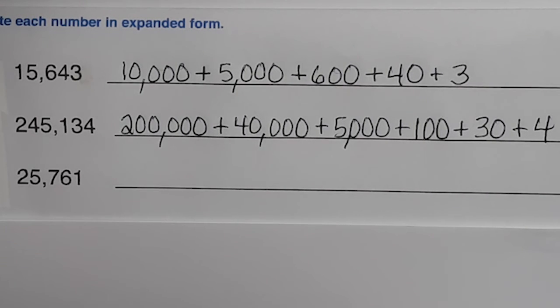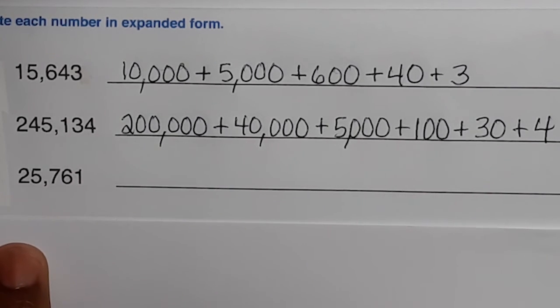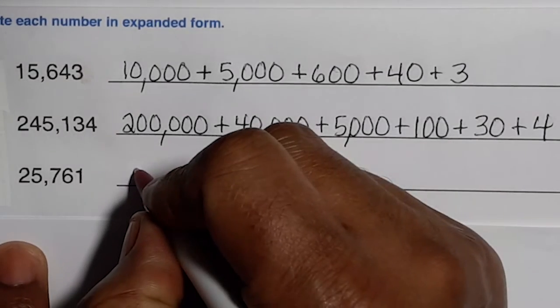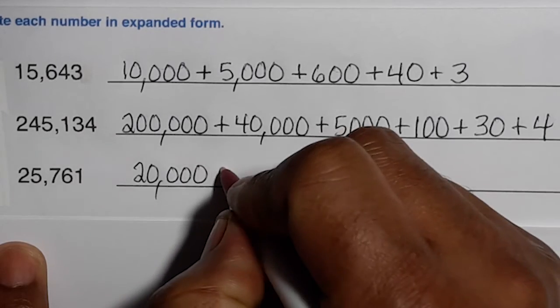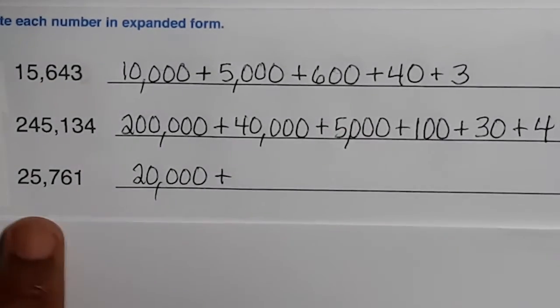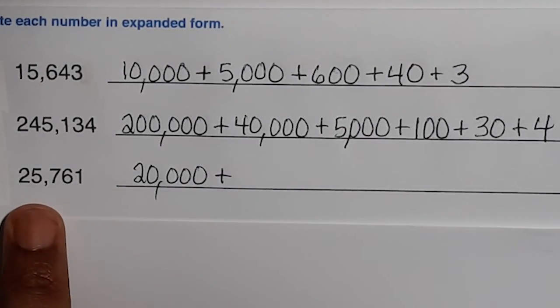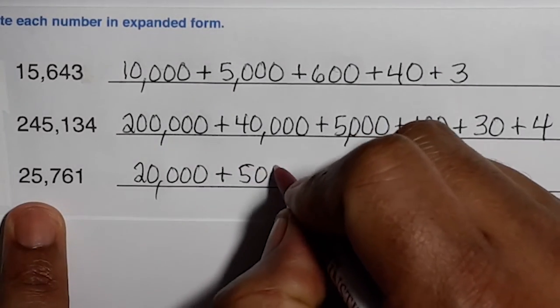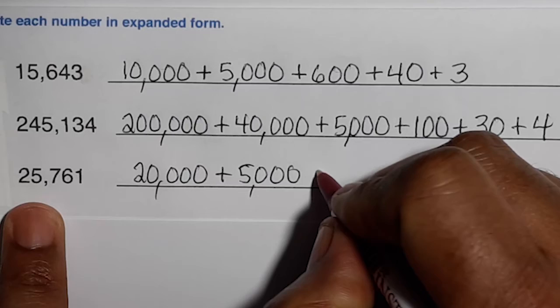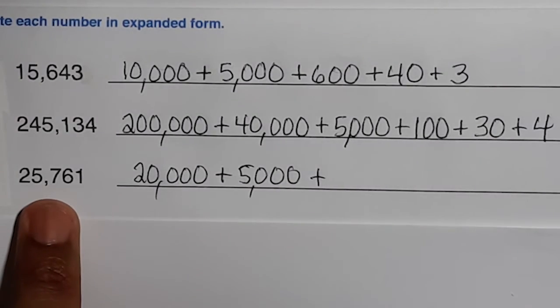So what position is the 2 in? It is in the 10,000s place. So we would write 20,000 plus the 5 is in the thousands place. We would write 5,000 plus the 7 is in the hundreds place.